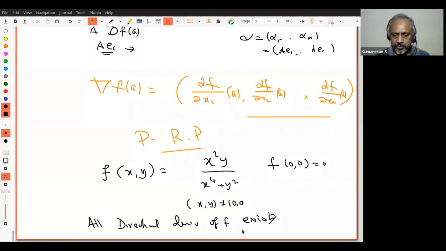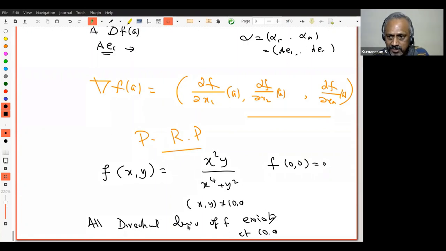All directional derivatives of f at (0,0) exist. But we have known that the function is not even continuous. You understand? Therefore, there is no question of differentiability. And hence, in particular, I cannot talk about the gradient of the function because the function is not differentiable.